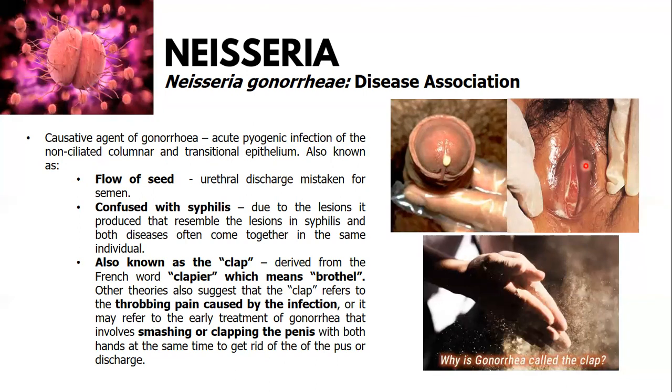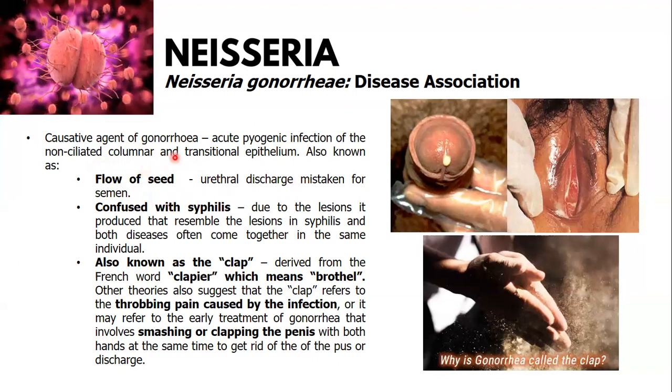Because draining pus is a characteristic manifestation of gonorrhea, the disease was known previously as the flow of seed because the urethral discharge among infected men was mistaken for semen.